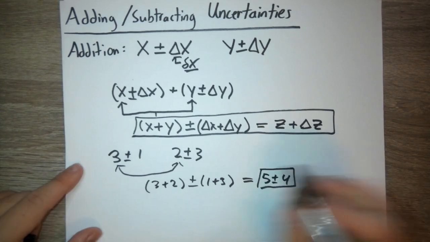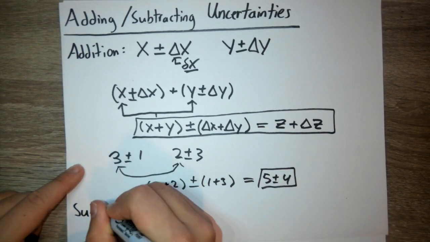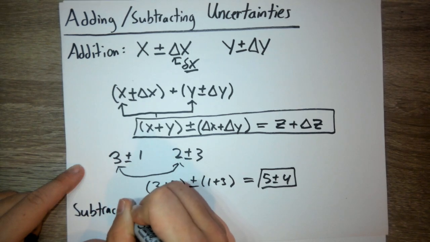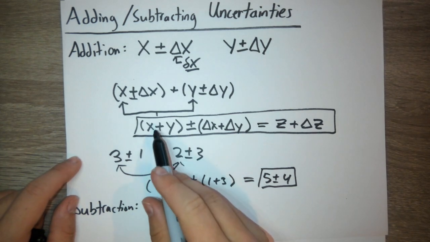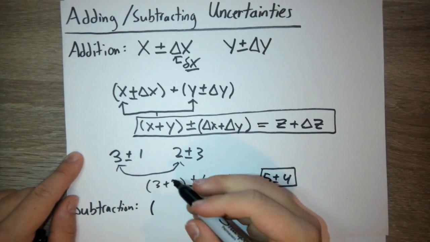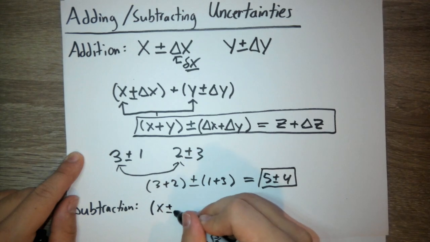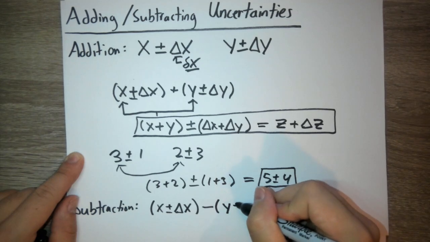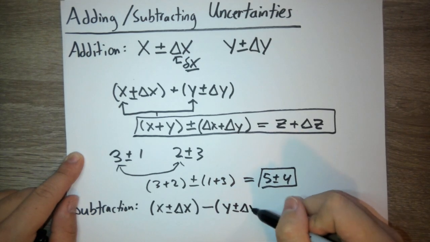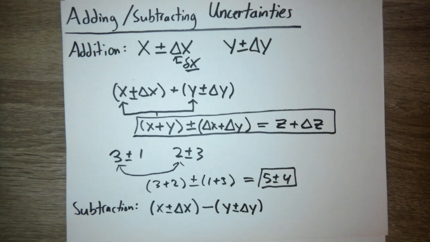What about subtraction? Subtraction is a lot the same, and I'll see if I can fit it down here. Subtraction like this would be x plus or minus delta x minus y plus or minus delta y. So, what do we do here?